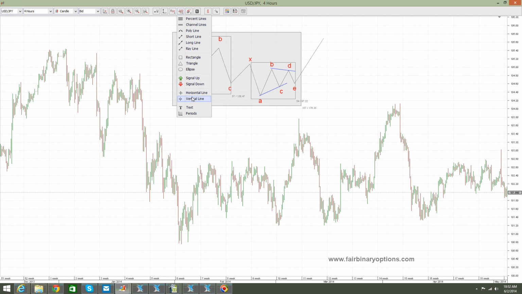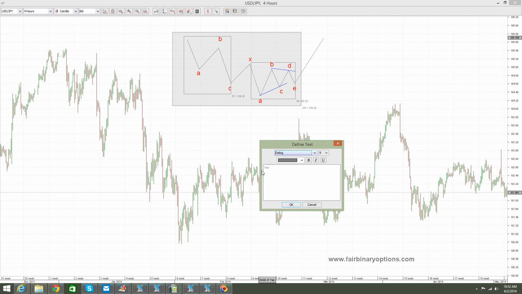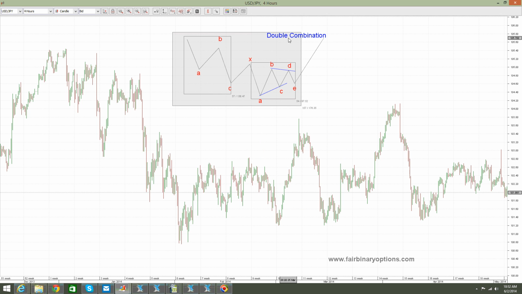So let's write on the screen that this is labeled as a double combination. It is one of the most common corrective patterns to be found when trading currency markets.